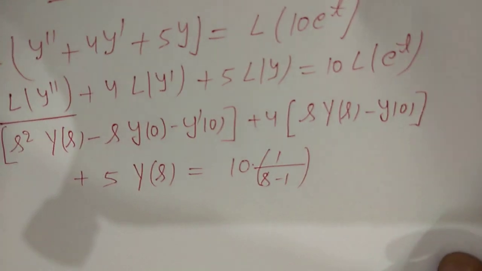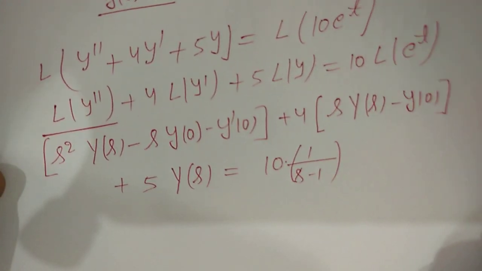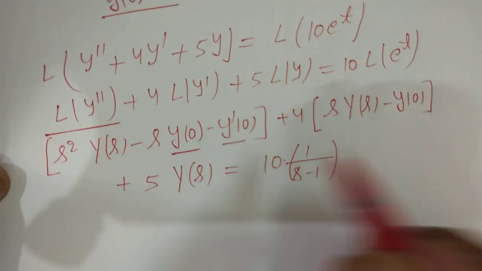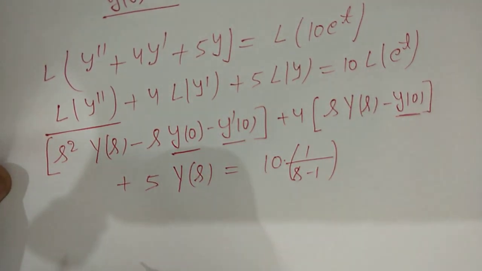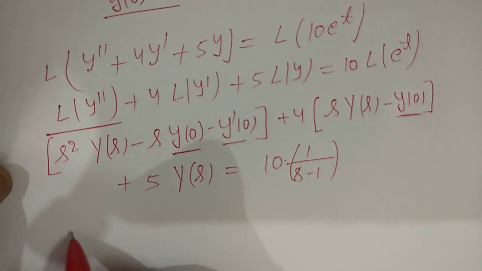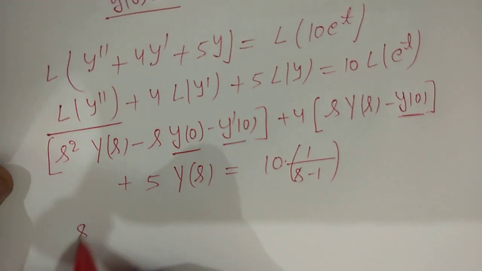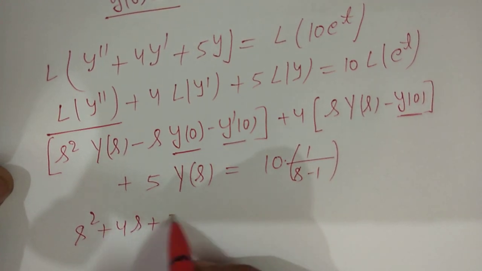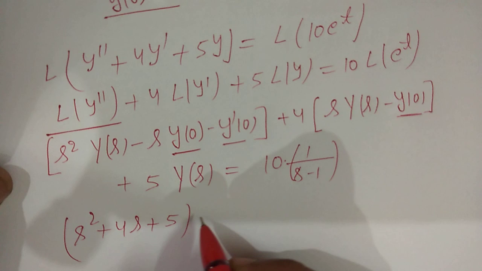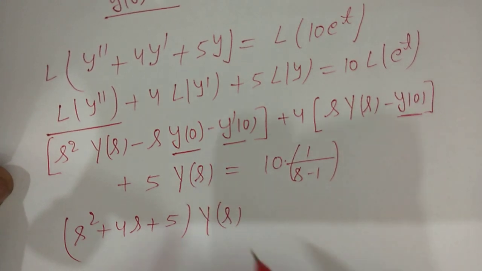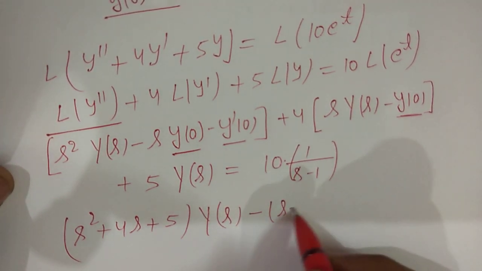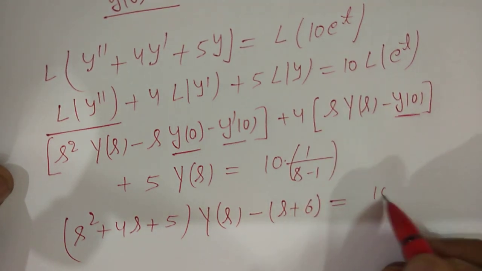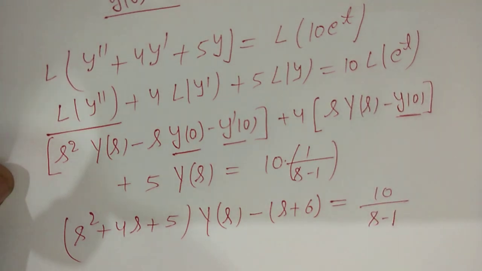So we have just applied the Laplace transform on both sides, and let us use the initial conditions y(0) and y'(0), and here again y(0). So we get (s squared plus 4s plus 5) Y(s) minus s plus 6 equals 10 upon s minus 1.